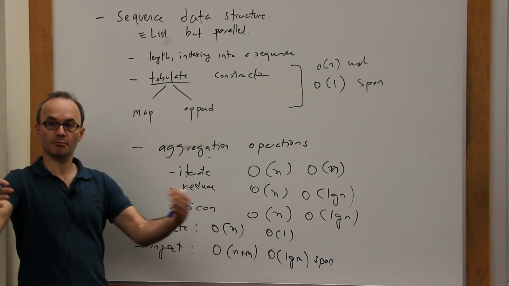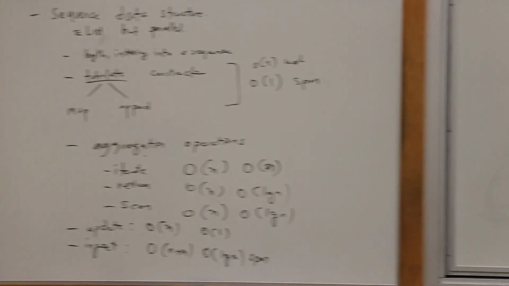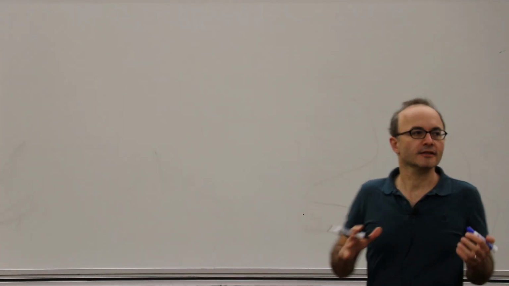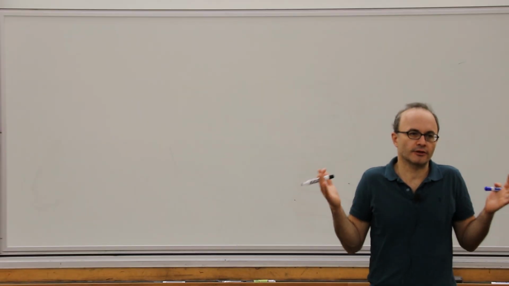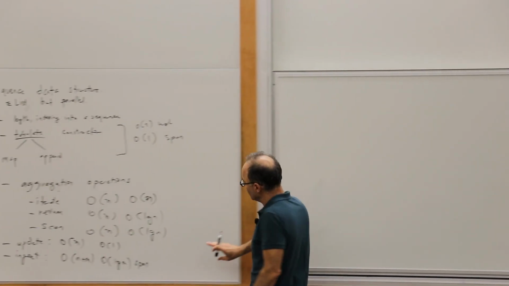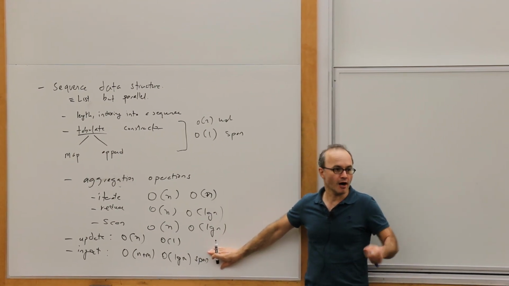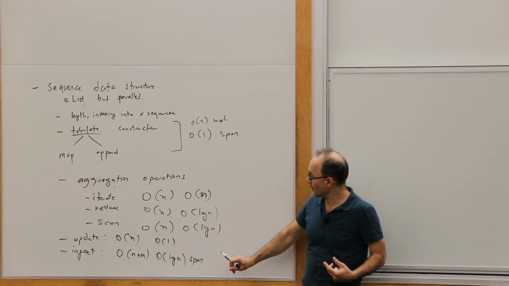Specifically, if you're performing as many updates as the number of elements, then inject makes sure that your updates are effectively constant time. And we talked about how this is important because in a parallel algorithm, you often do multiple things at a time.